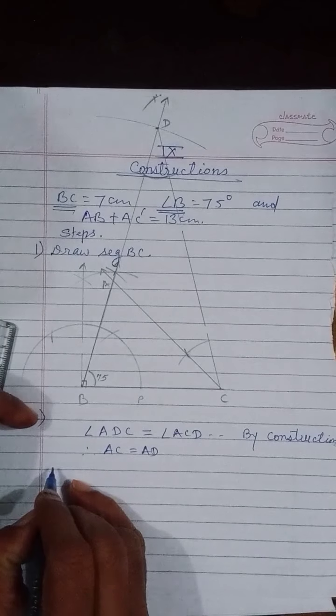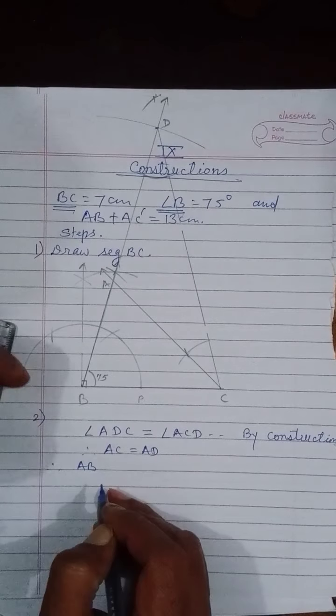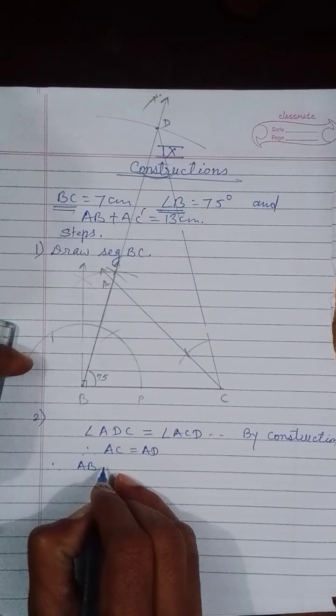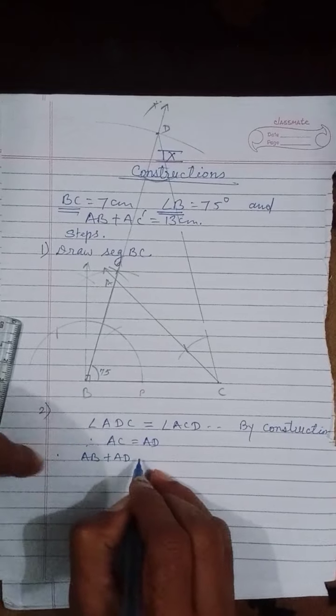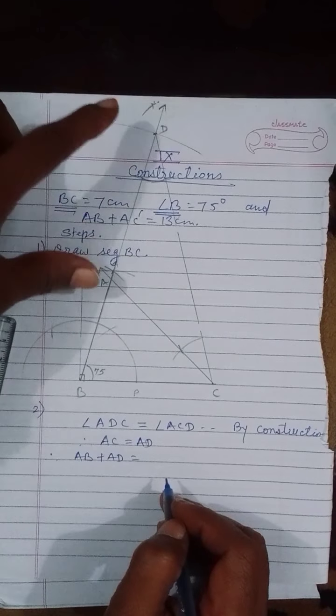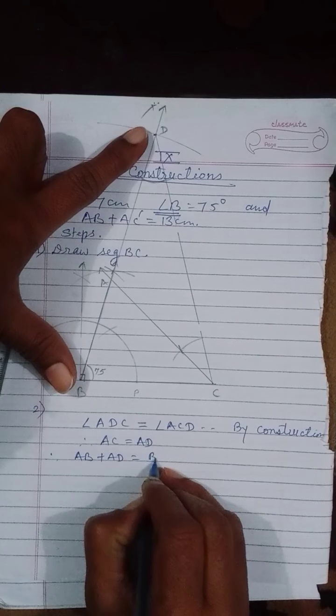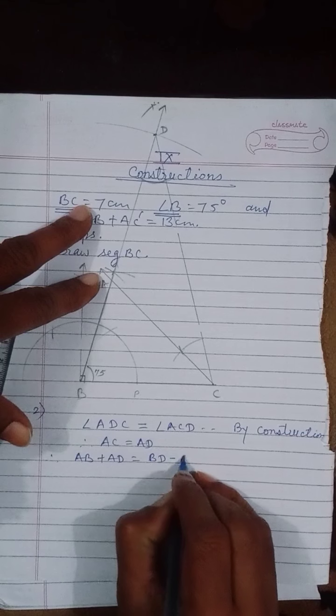Therefore, AB plus AD is equal to what? BD. Complete. Sorry, BD minus AD.